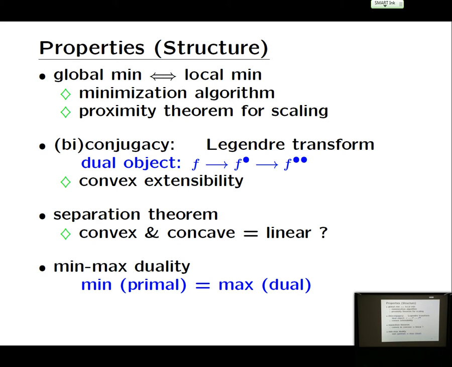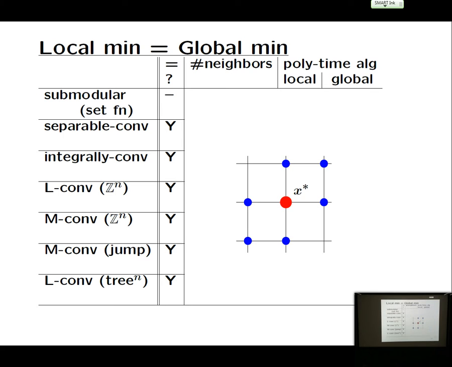So I go on to the first issue, the minimization. For all the classes, we have a theorem of the form that a given point is a global minimum if and only if it is a local minimum in an appropriate sense. The local minimum should be defined with respect to some neighborhood. But all the convexity concepts satisfy this.